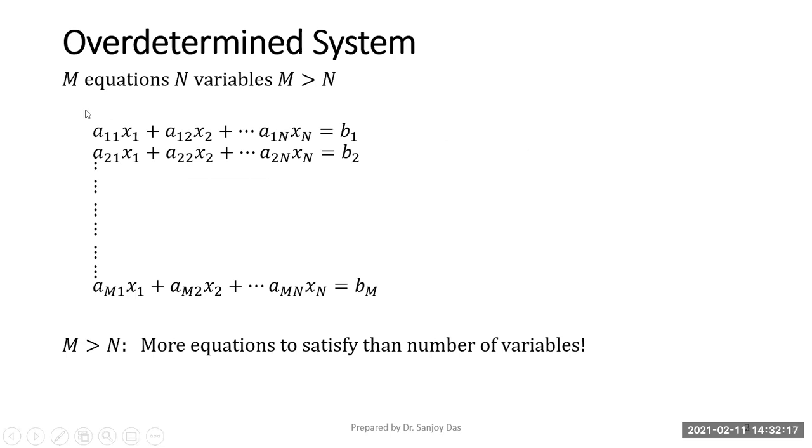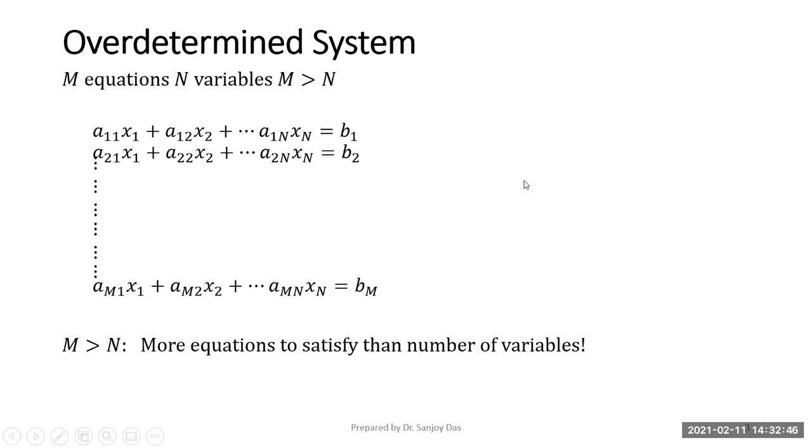Okay, so this is what an overdetermined system is. We have a set of m linear equations, one equation in every row, and these involve n variables, x1, x2 until xn. And m, the number of equations, is more than the number of variables. Maybe we have 5 equations and only 3 variables, x, y, z, for instance.